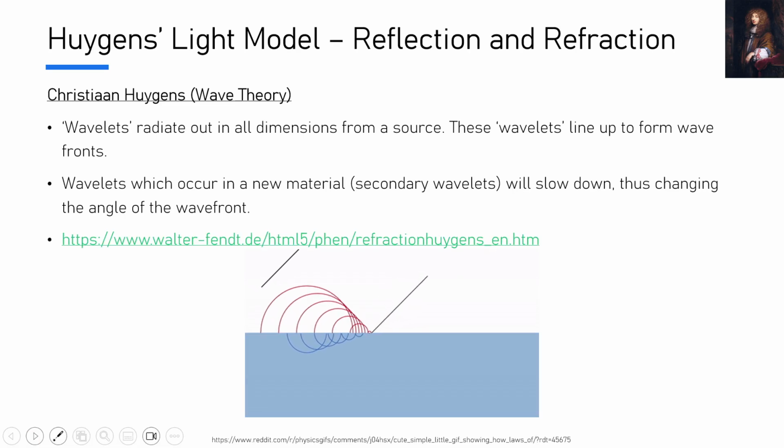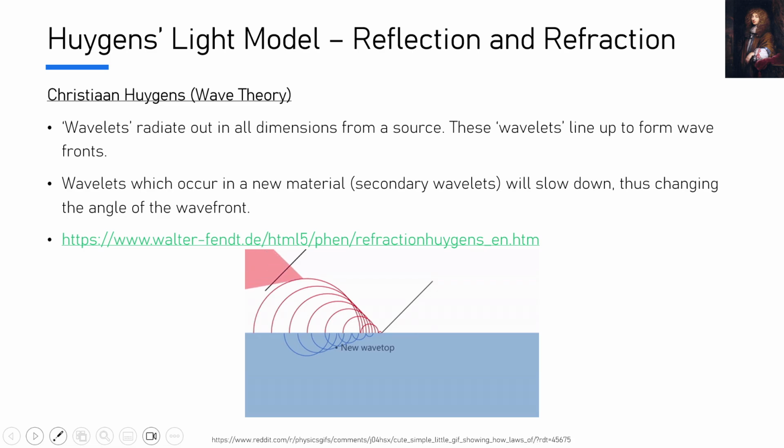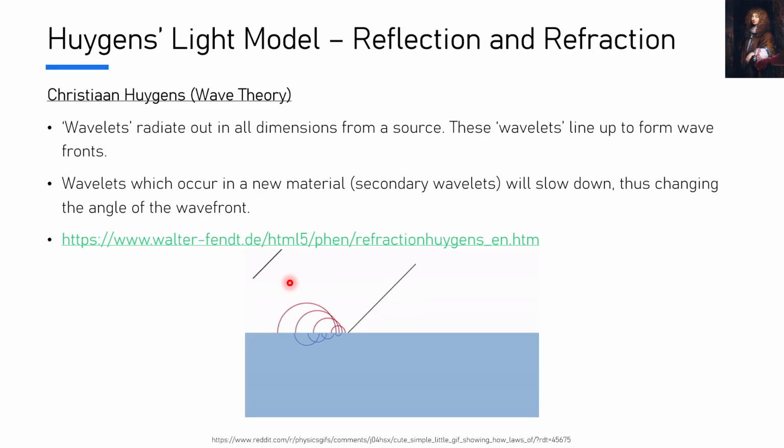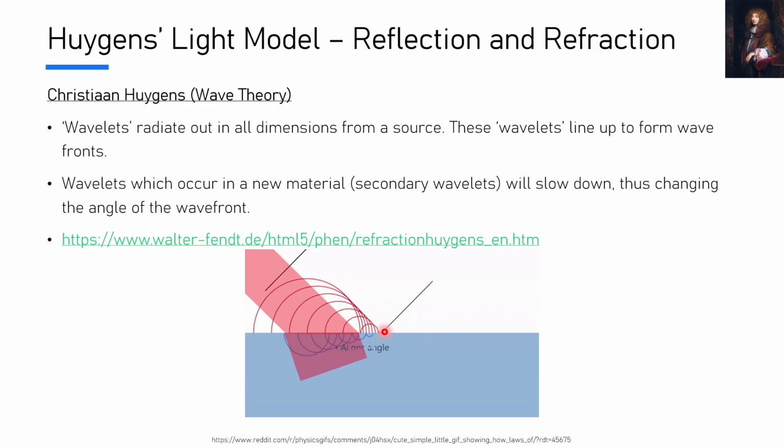Now, in class, we're going to be looking at Huygens' light model in a little bit more detail and focus on having a look at this simulation in particular to give a lot of visualization of what's going on. But what this animation is trying to show here is that we have these wave fronts that are moving into a surface, and that may lead to these points of wavelets generated, which essentially is leading to reflection, which we can see here.